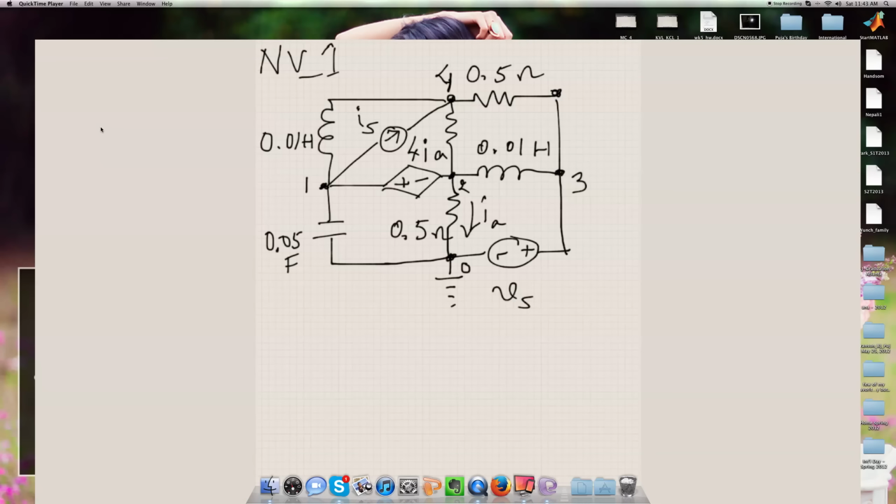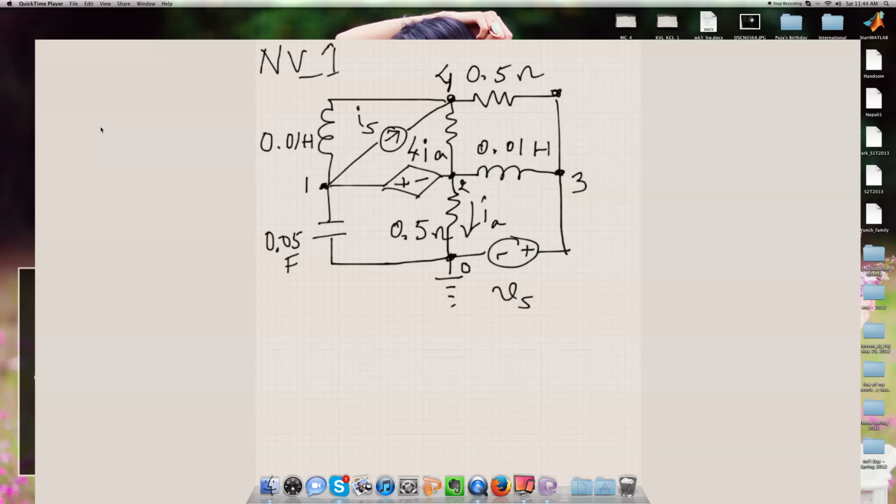Alright, so let's recap the circuit. We have multiple sources in this circuit: one current source I sub S, one voltage source V sub S, S meaning the supply of course, and a dependent source which is 4IA, so the output, which is a voltage, is dependent on the input, which is current I sub A. I sub A is the current flowing from node number 2 onto the ground, and the path has 0.5 ohm resistance.